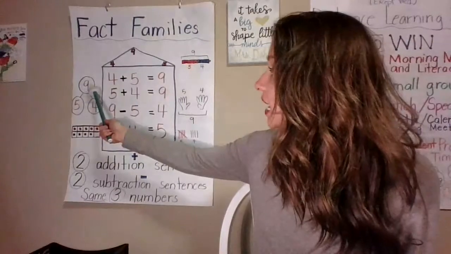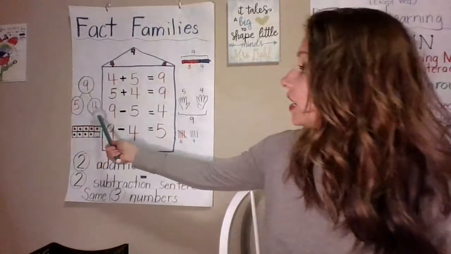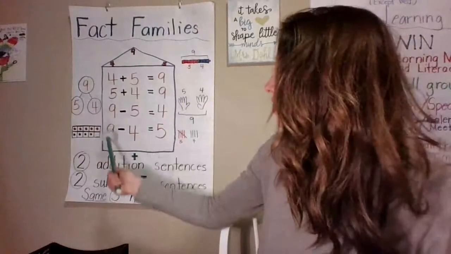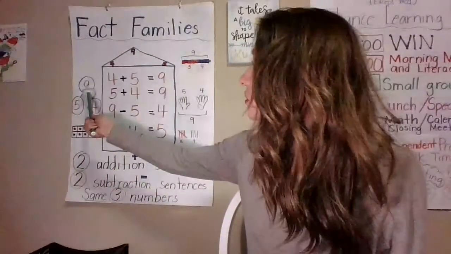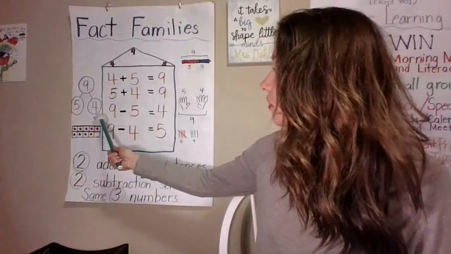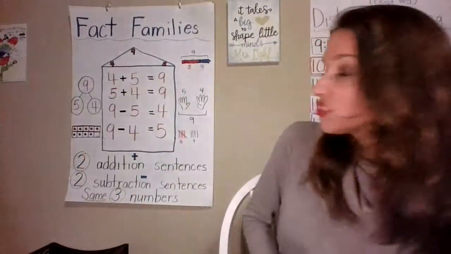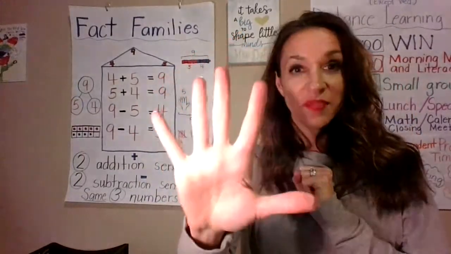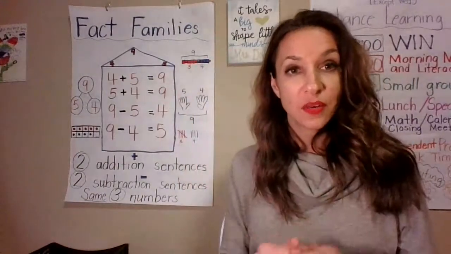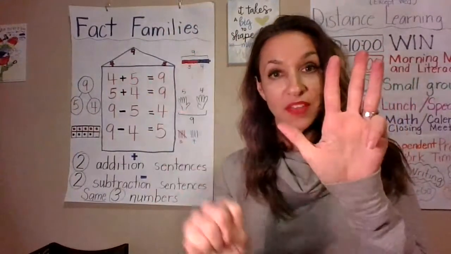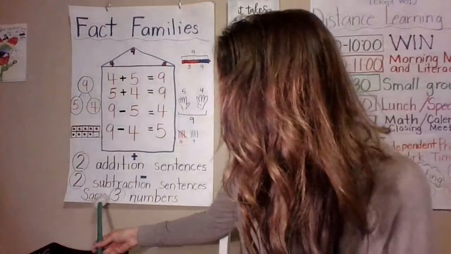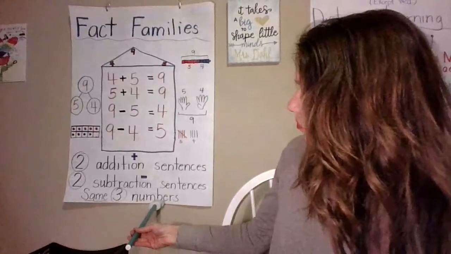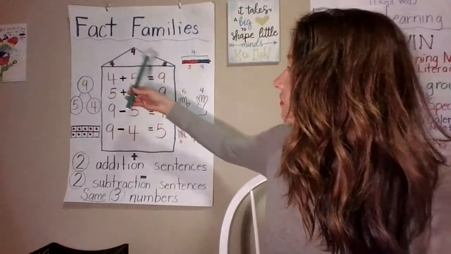So if I have 9, I take away 5, I'm left with 4. 9 minus 4 equals 5. So if I have 9, I take away 4, I'm left with 5. Just like on my hands, if I have 9, I take away 4, I'm left with 5. And the other way, if I have 9, take away 5, I'm left with 4. And for a fact family, we always use the same 3 numbers, 4, 5, and 9.